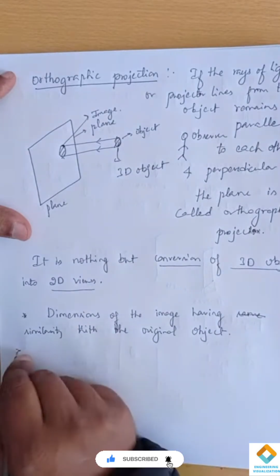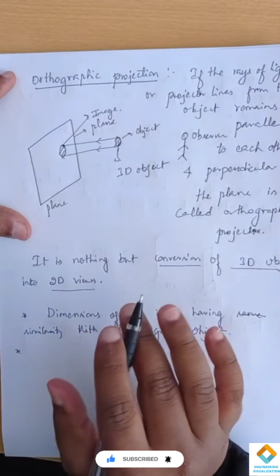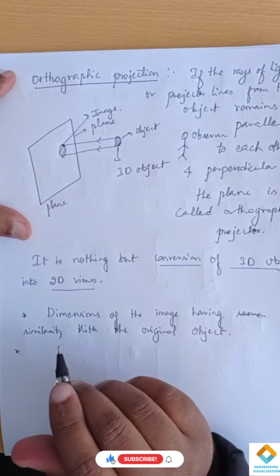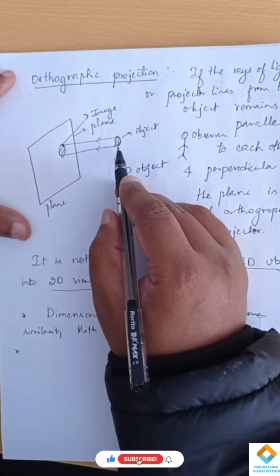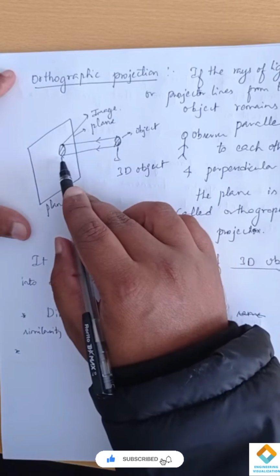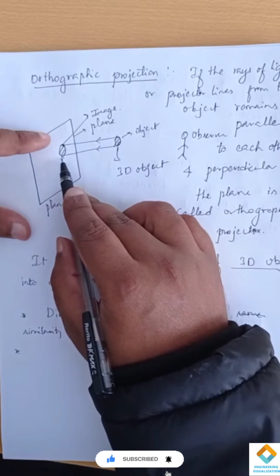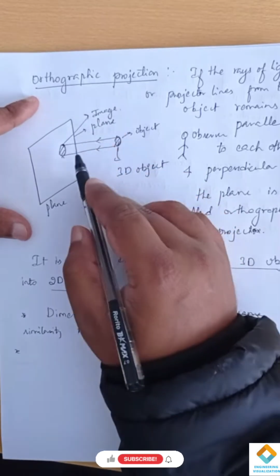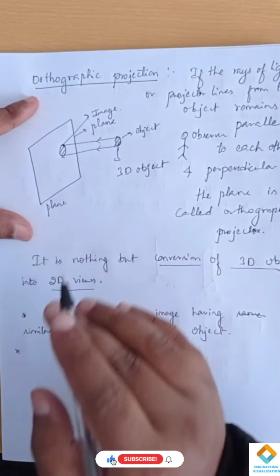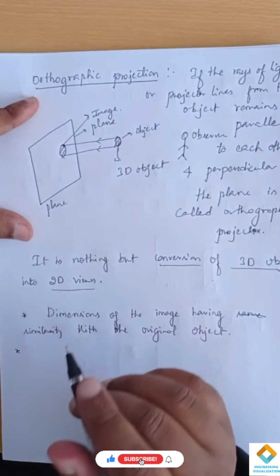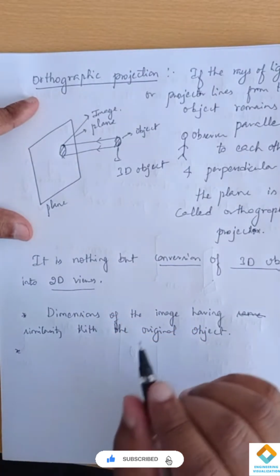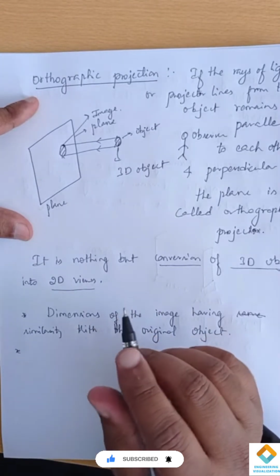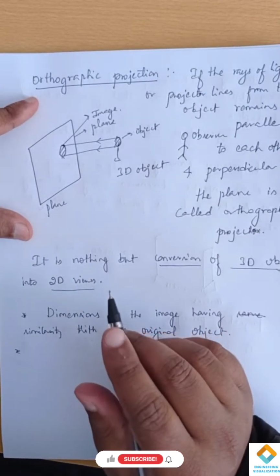That means there is no enlargement or diminishing in the dimensions of the images of an object. If the dimensions of the object are the same and the dimensions of the image are also the same, if the dimensions of the image resemble the dimensions of the object, we call that an orthographic projection. There are no changes in the dimensions of an image.